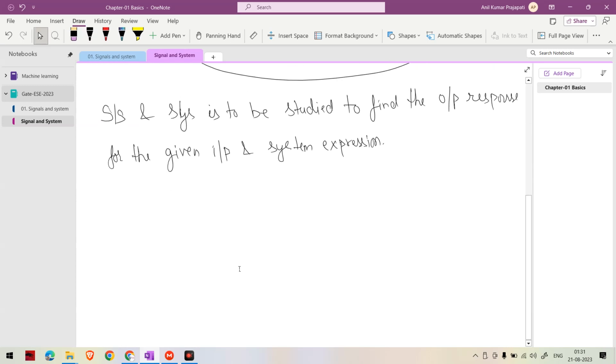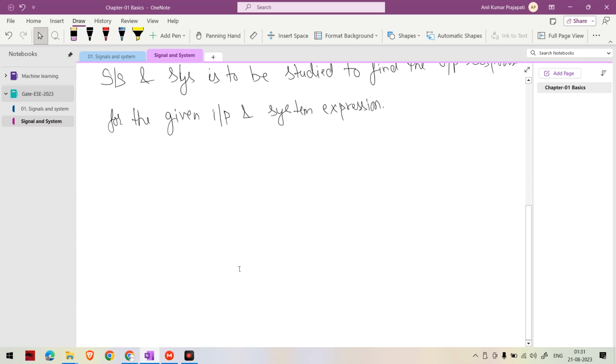So let's start with a very basic term, signal. So the simple question is, what is a signal? How can we define a signal? Basically, a signal is defined as any quantity having associated information in it.